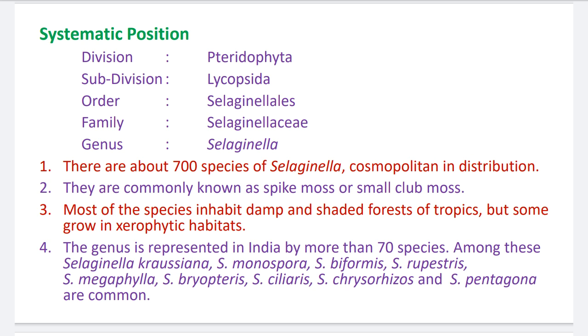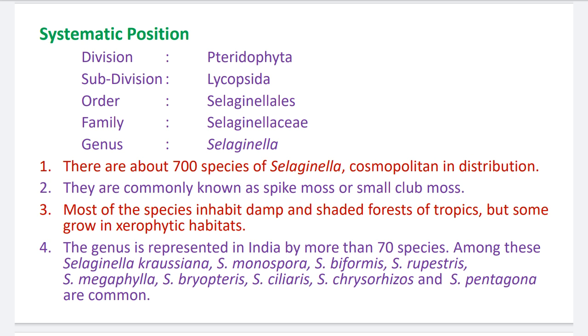Number 3, most of the species inhabit damp and shaded forests of the tropics, but some grow in xerophytic habitats. As they are pteridophytes, they grow in the shaded forests in the tropical regions, but some Selaginella species also show xerophytic nature. Number 4, the genus is represented in India by more than 70 species. This is the total number of species in India.